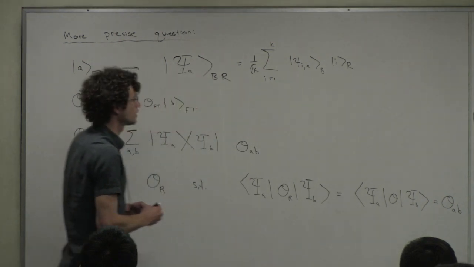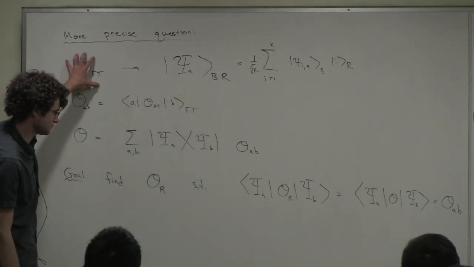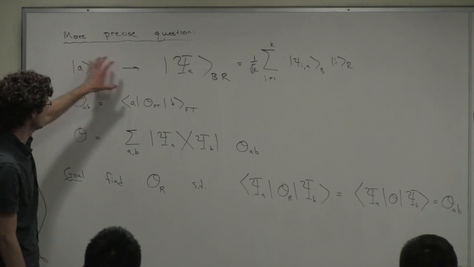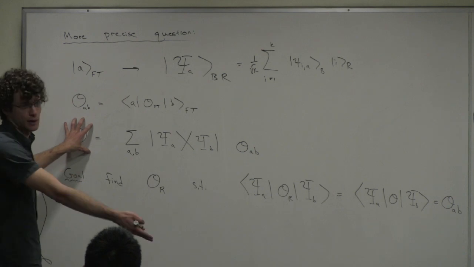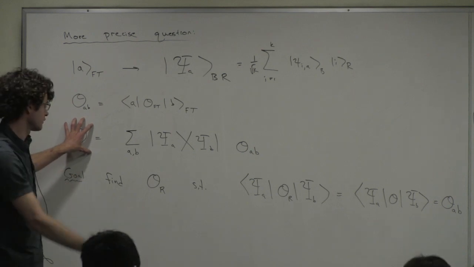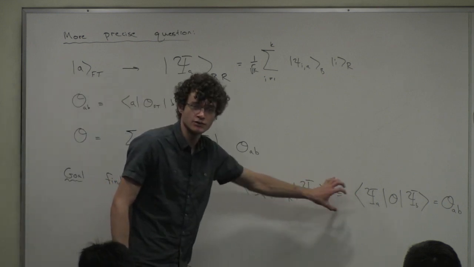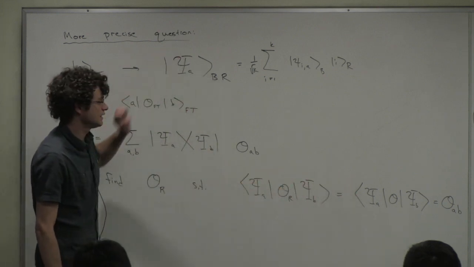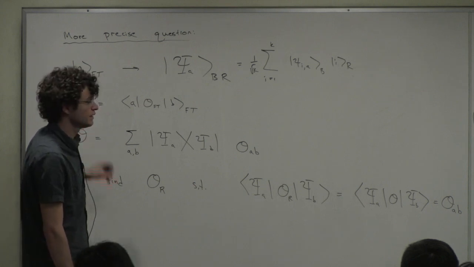So we have some encoding in the BR system of our field theory states. There is a corresponding encoded operator O, and we want to find another operator, a version of that operator that only acts in R, but it acts the same way. So it acts on these encoded states in the same way as the operator O. So that's what it would mean.